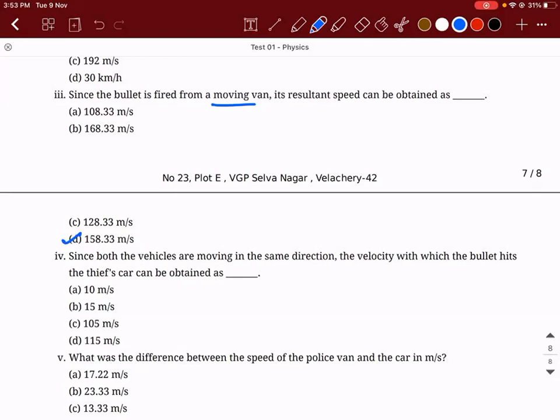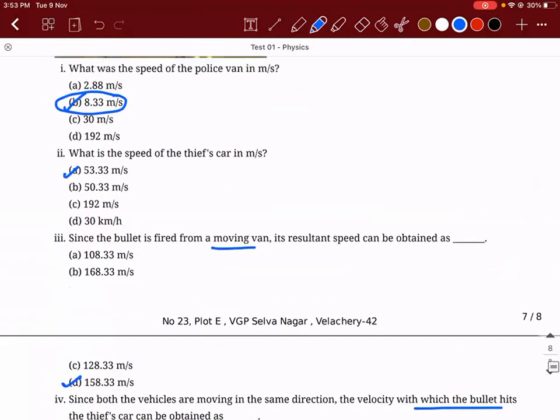So the absolute velocity of the bullet minus the velocity of the thief's car. So it should actually hit with 8.33, but there is no option. Since both the vehicles are moving in the same direction, the velocity with which the bullet hits the thief's car is 158.33.